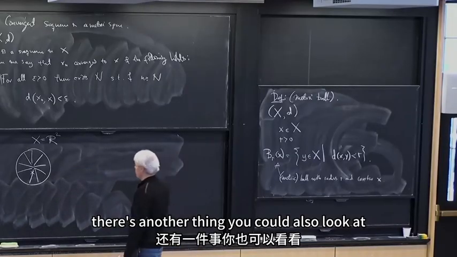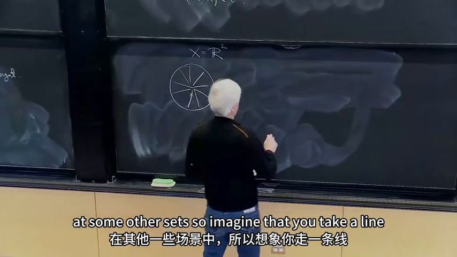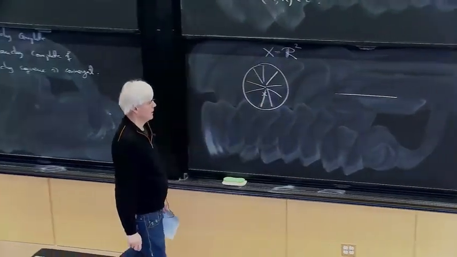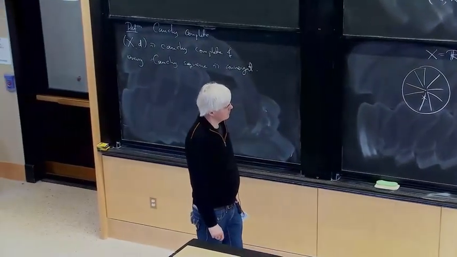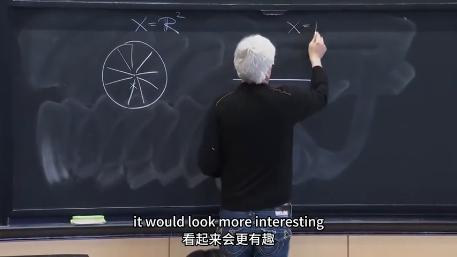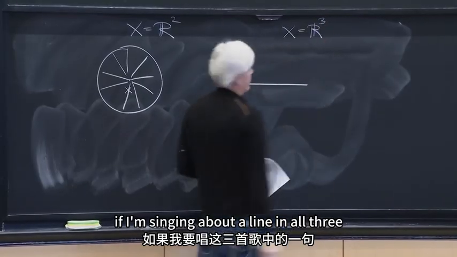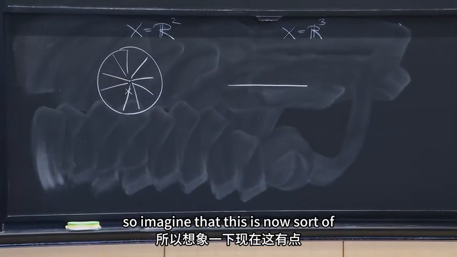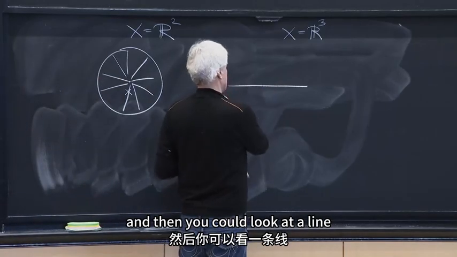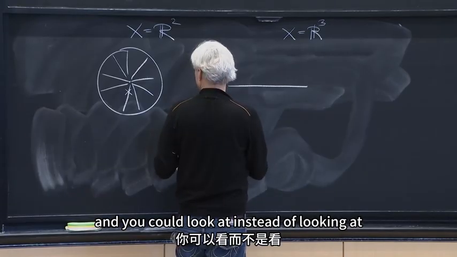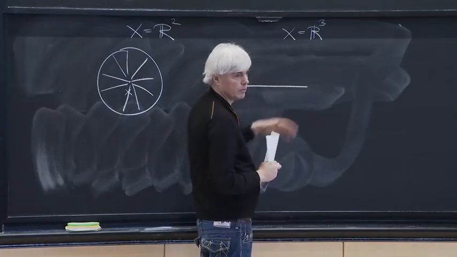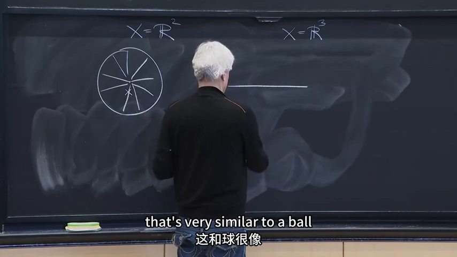There's another thing: you could also look at some other sets. Imagine that you take a line in R3. Instead of looking at a metric ball, you could look at a tubular neighborhood, which is very similar to a ball.